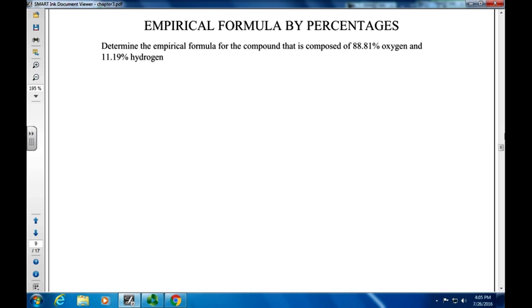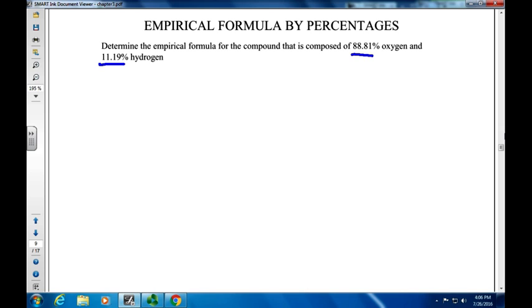If you were to think of this mystery molecule as having a mass of 100 grams, then you could readily determine that 88.81 grams are oxygen and 11.19 grams are hydrogen. So the first thing you want to do is convert your percentages to masses out of 100 grams.